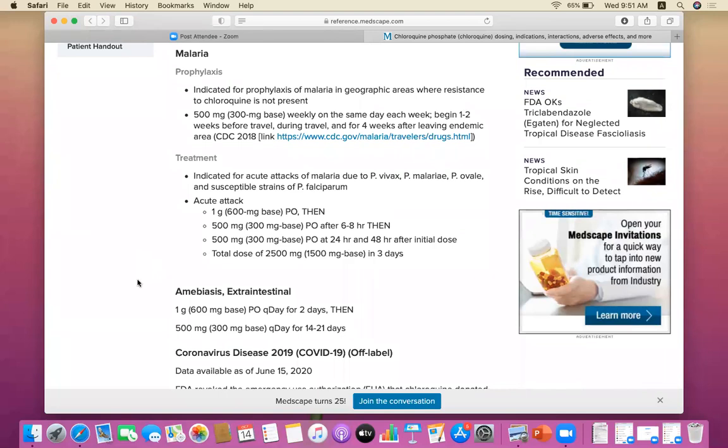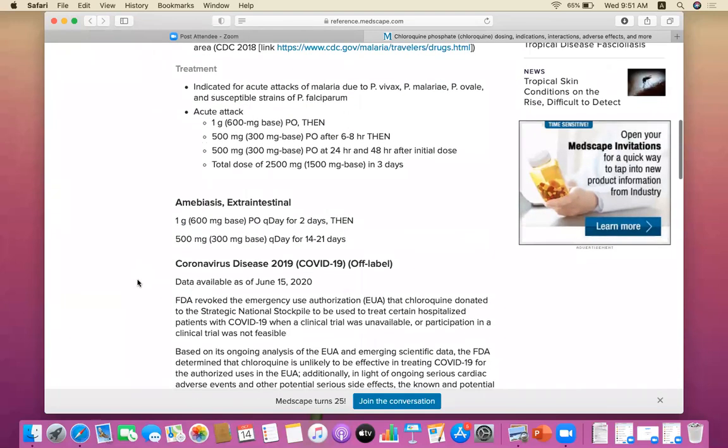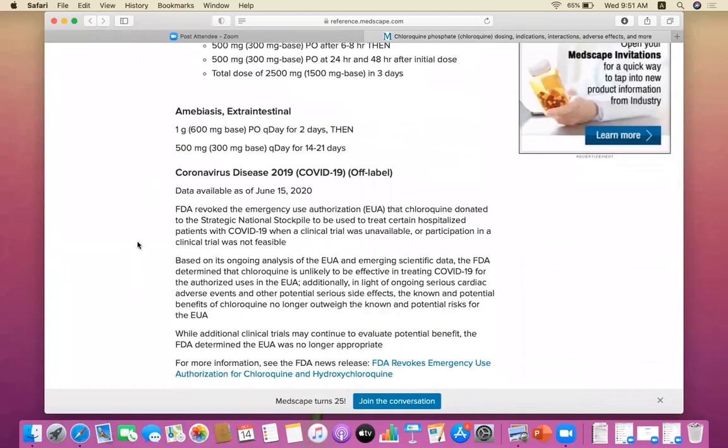It is also used for amoebiasis, and if you see here, it is mentioned for the coronavirus disease COVID-19, but in the bracket it is mentioned off label. Off label means it is not recommended, not approved by the US FDA.